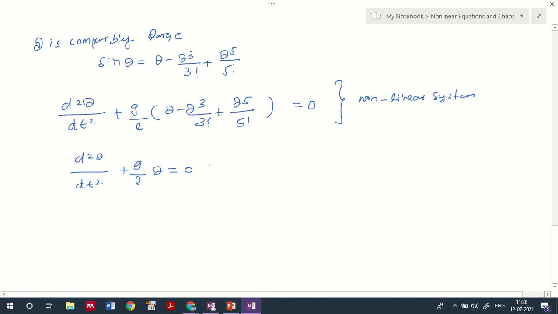But in the other case, d square theta by dt square plus g by l theta minus g by l theta cube by 3 factorial plus g by l theta raised to 5 by 5 factorial, it has dependency on theta cube and theta raised to 5, and it goes on. So this is a nonlinear system, and that is a linear system.